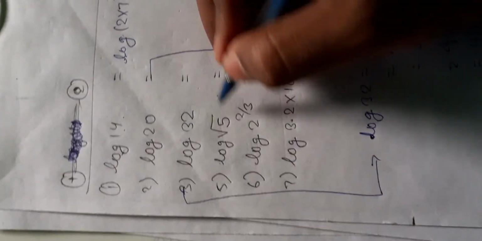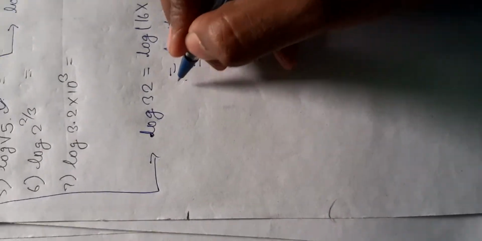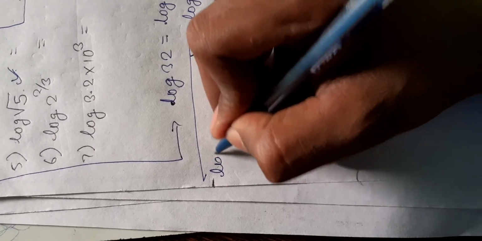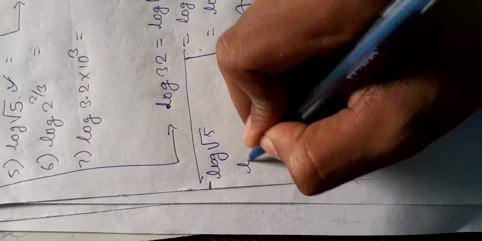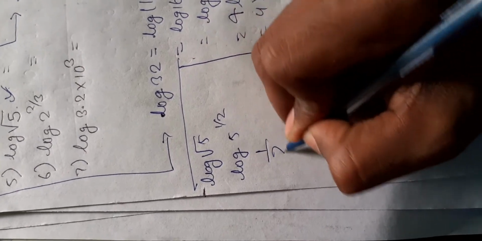Okay, so let us calculate log root 5. See, log root 5, you can write it as log of 5 raised to the power 1 by 2.